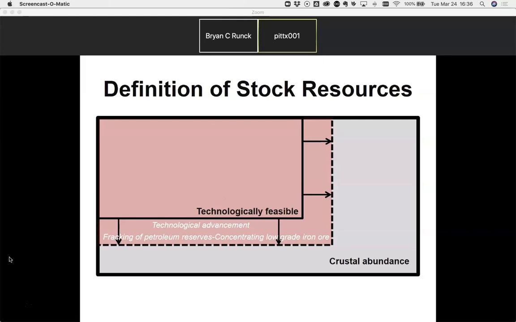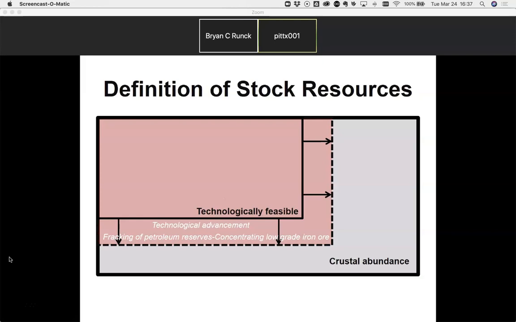On the Iron Range, we had the development of the technology to concentrate low-grade iron ore into taconite, making it possible to concentrate the iron ore into pellets that could be used in steelmaking. We also have another example of technologically feasible resources expanding by the fracking technology associated with petroleum resources.